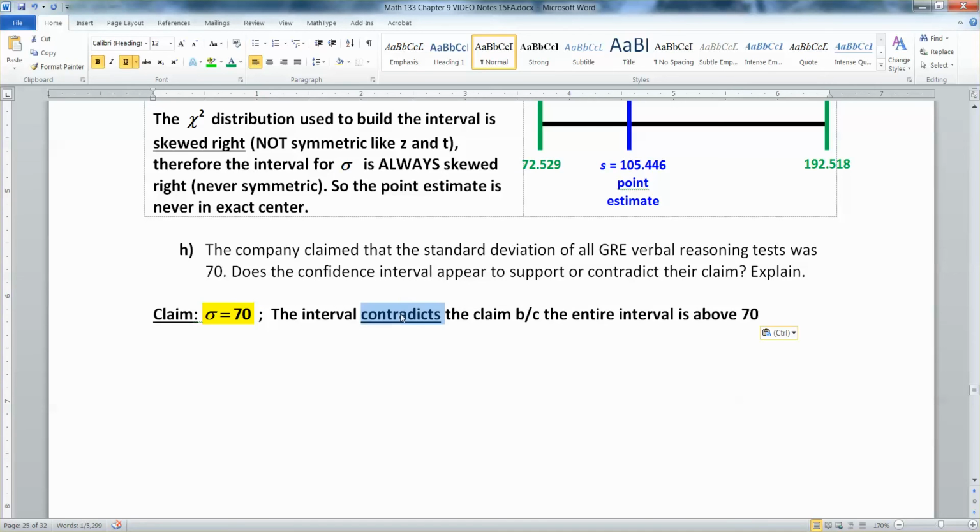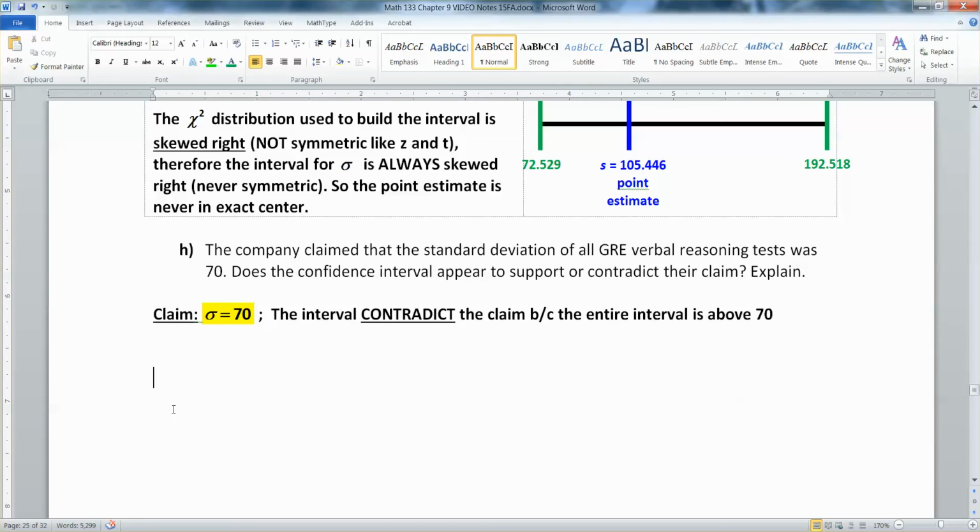We contradict. Just on a little side note, a contradict or support question is not a yes or no question. You have to choose one, support or contradict, and then you have to explain yourself. Now, if they had made a different claim, our interval could have supported them. If they had claimed it was more than 70, our interval would support that because our interval is above 70.